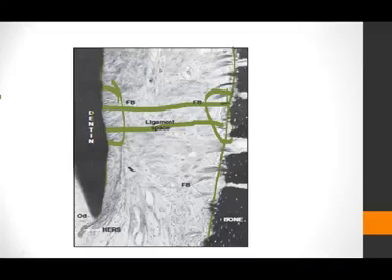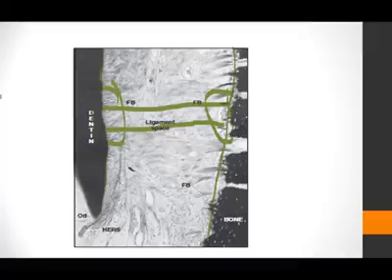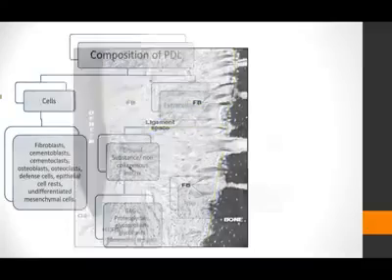And these Sharpey's fibers are basically embedding the tooth within the bony socket. So this is how the PDL space is helping the tooth sustain its position, and it is helping the tooth being embedded within the tooth socket without falling off or coming out.